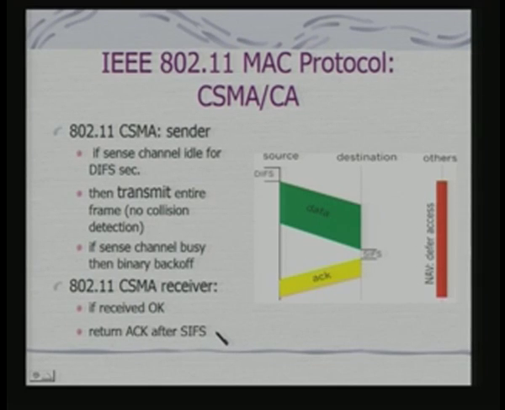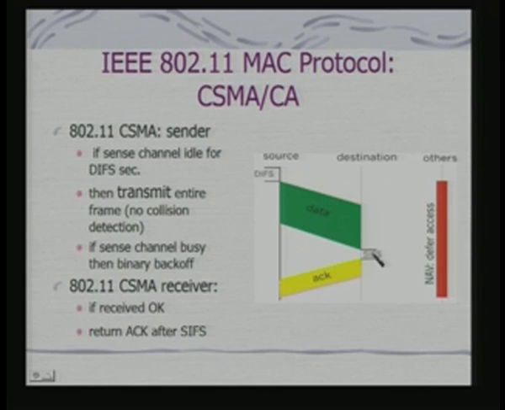This is a very basic description of the MAC protocol. I am not going into the details. So, effectively the source, after the DIFS, senses the channel. If it finds the channel to be idle for about the DIFS period, it sends the data.